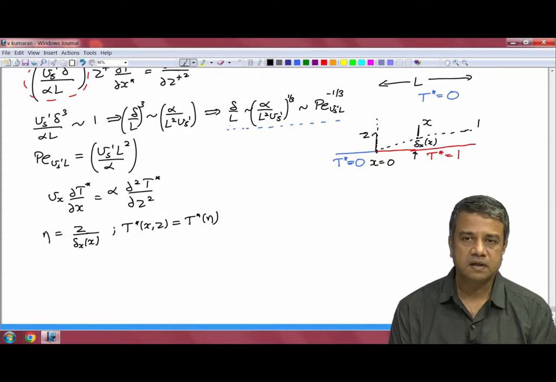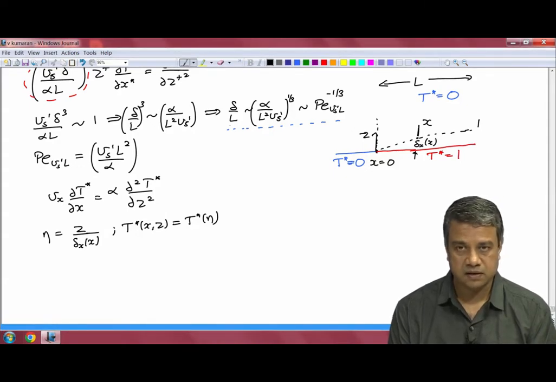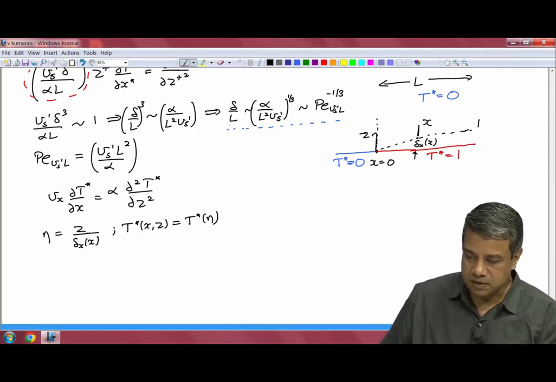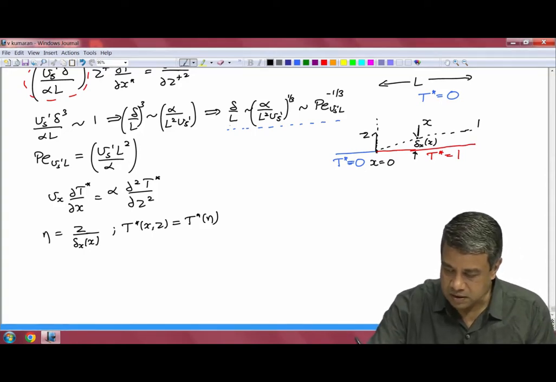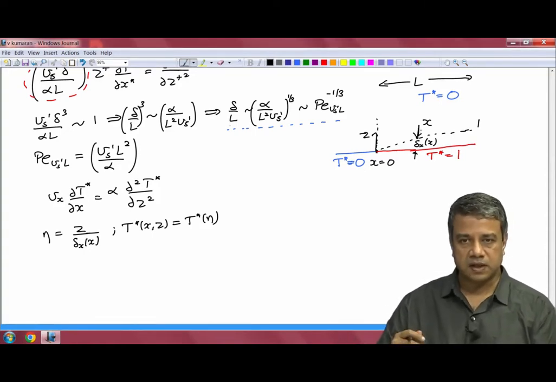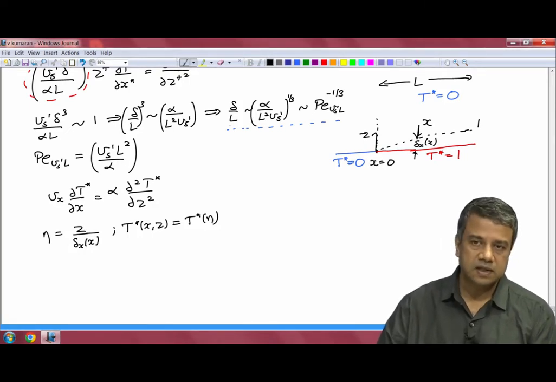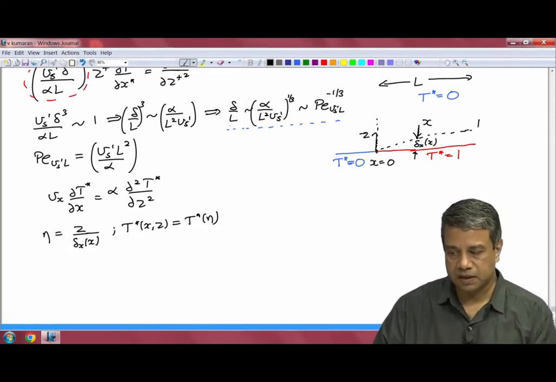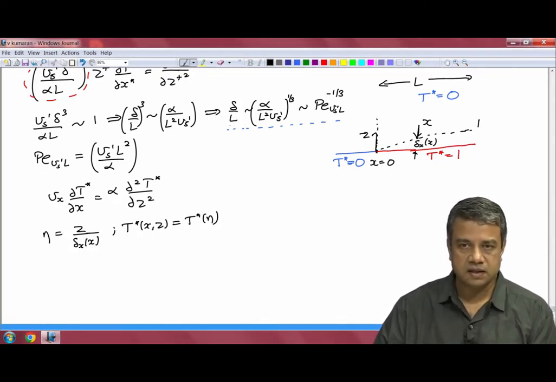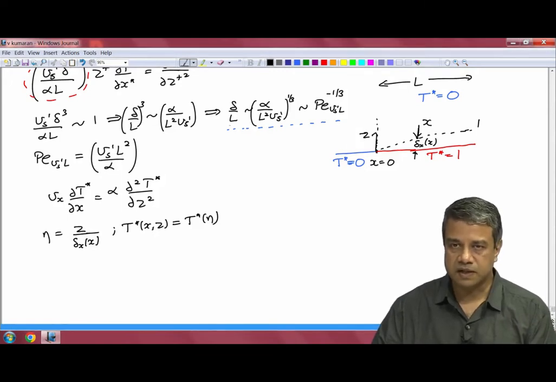Even if there were a length scale in the cross stream direction, so long as the boundary layer thickness is much smaller than that length scale, you can assume that it is only delta that matters as far as the temperature field is concerned, and not the total extent in the cross stream direction. There is a length scale in the streamwise direction, but when convection is strong, convection transports heat only downstream.